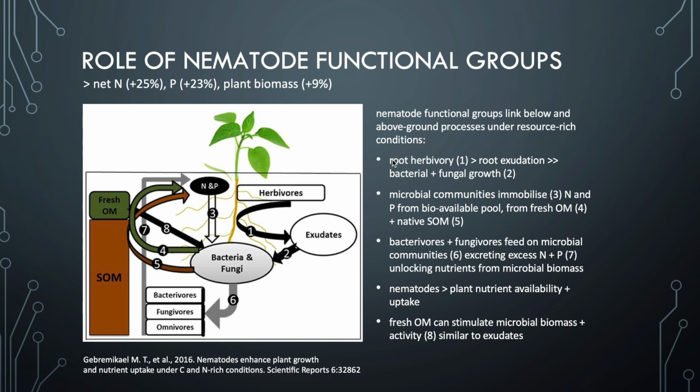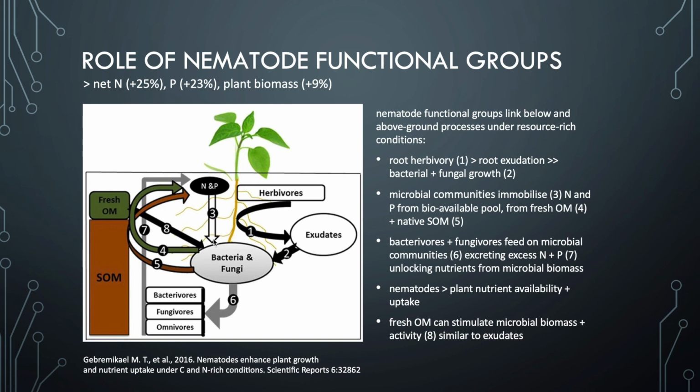What root herbivory does is it actually stimulates root exudation. It causes sugars from the plant to leak out as the herbivores feed on plants, specifically root tissue. This causes an efflux of exudates out of the plant, and this automatically feeds the bacteria and fungi in the soil.